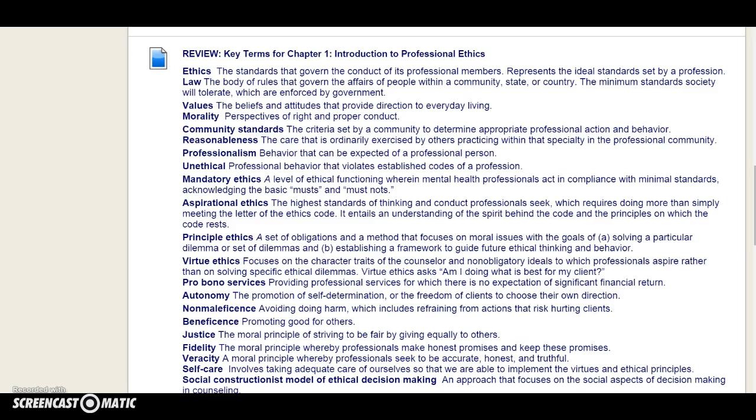So I've been working in the corrections field for about 10 years now, and there are ethics that we typically have to abide by, and that falls under our fraternization policies as well. So anything even remotely close to crossing that boundary can be considered a violation.